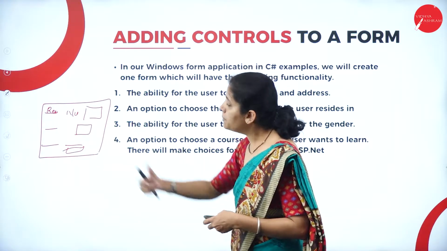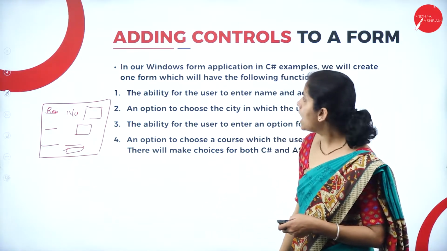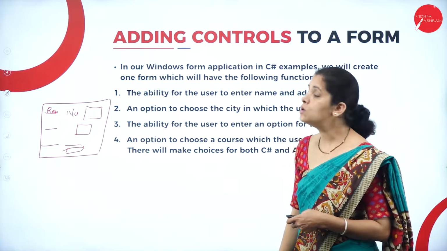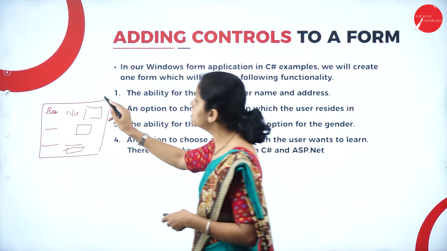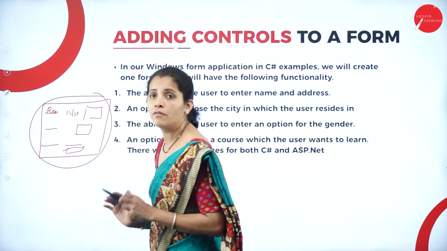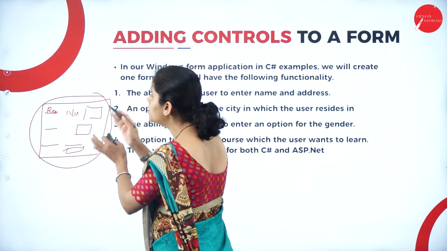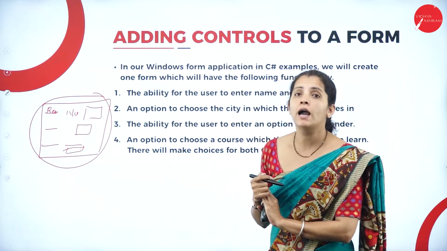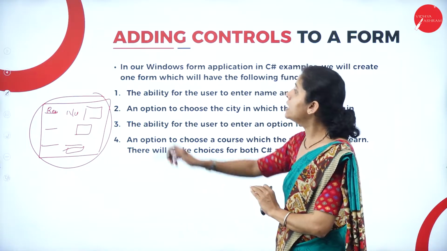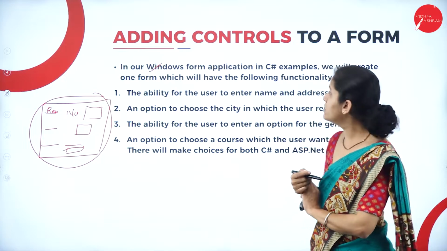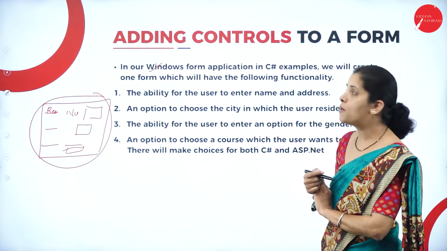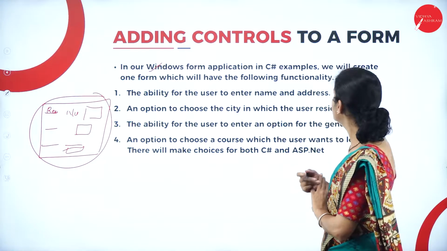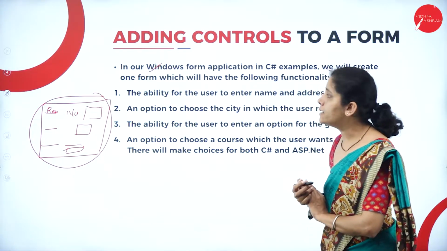Now let me discuss how I can add controls to a form. So this is nothing but a form. Now I want to control this form. To control this form, what are the things I want to do? In our Windows application, that is the Windows Form application in C#, we will create one form.